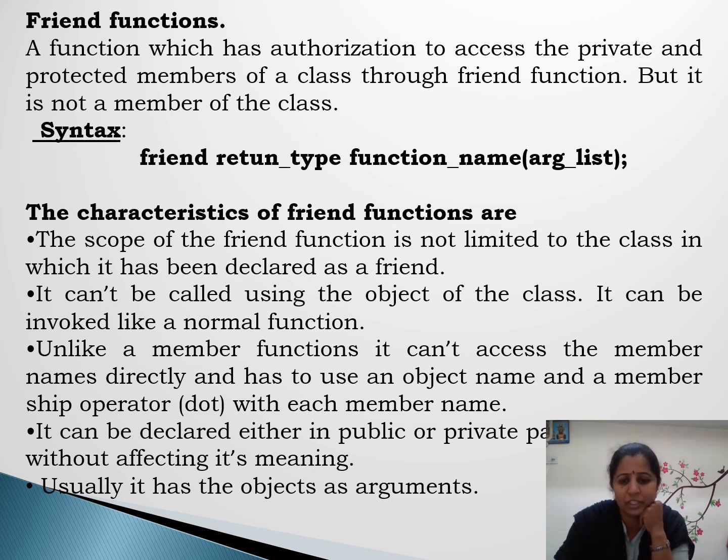Unlike a member function, it cannot access the member names directly; the object name has to be used along with the variables. It helps to access the data of private and protected members, and it can be declared under any access specifier. Usually it takes objects as arguments.